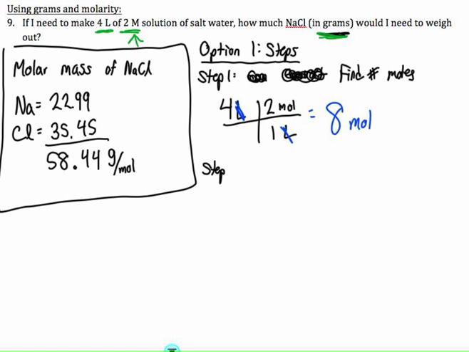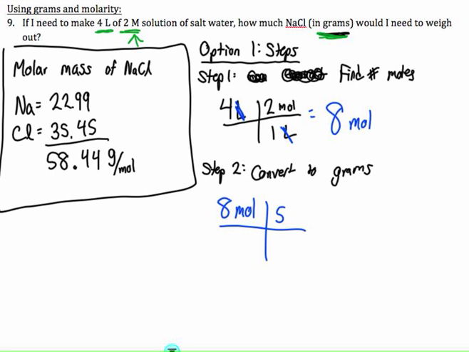And then I can do step 2, which is convert to grams. So I would do 8 moles times 58.44 grams per 1 mole. Mole and mole cancel out.